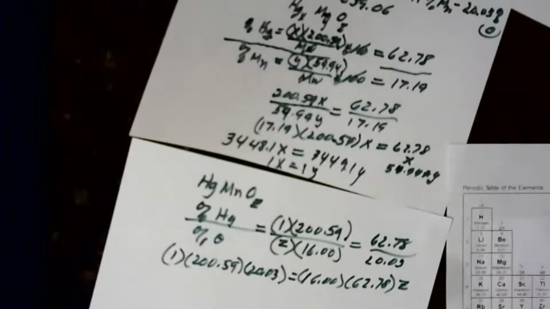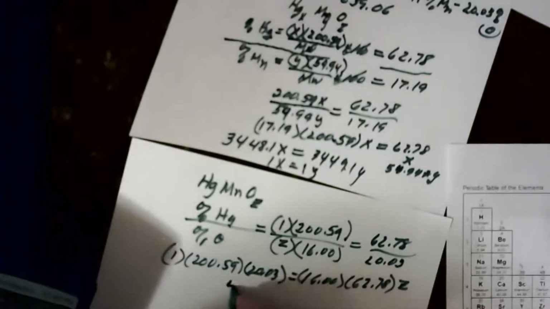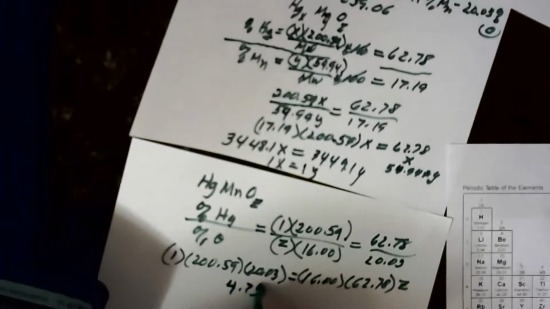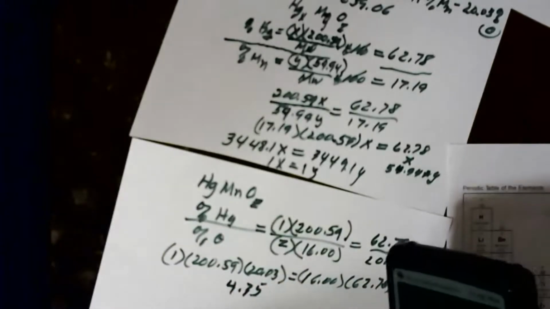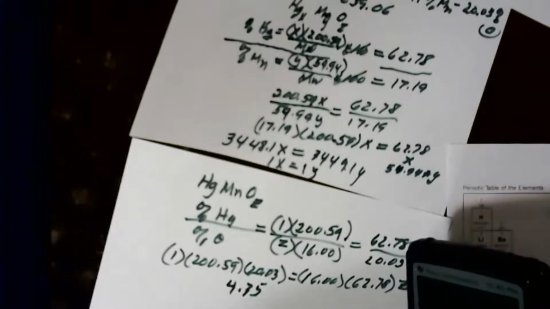So we take 200.59 times 20.03 divided by 16 and divided by 62.78. And I get, wow, 4.75. Now here I want to be a little bit careful. I may have made a mistake here. This number doesn't look good to me.